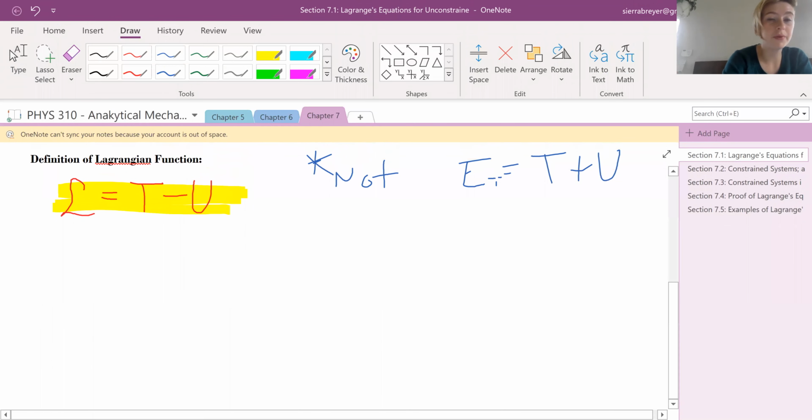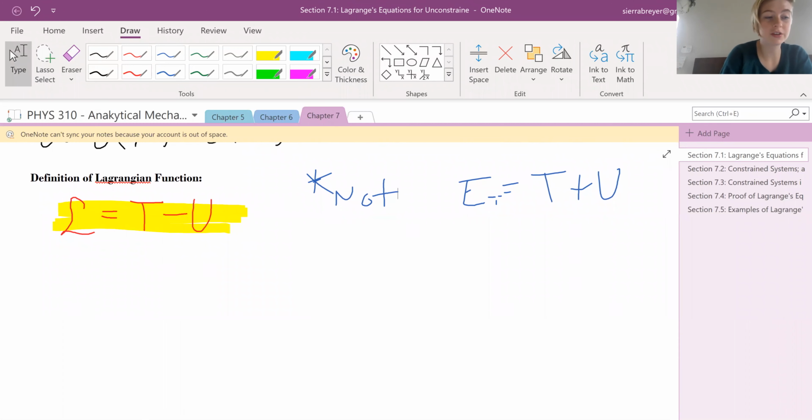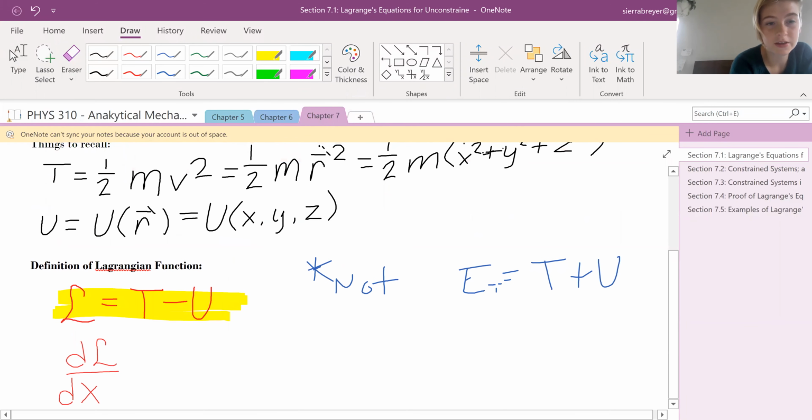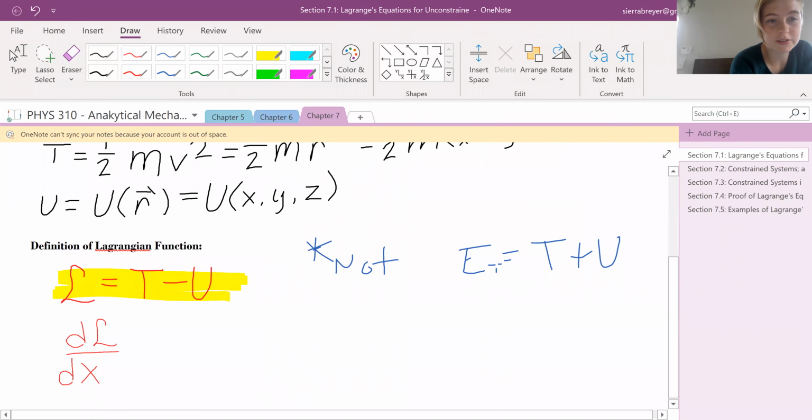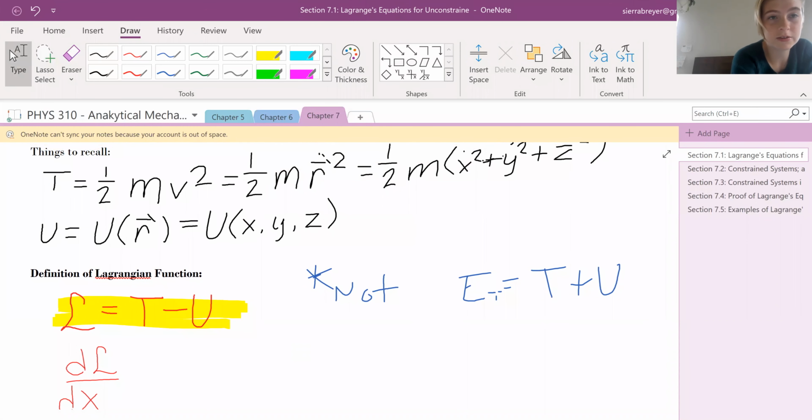So the book, in explaining this to us, has us consider two different derivatives. The first thing we want to consider is the derivative of the Lagrangian itself with respect to x. Since the Lagrangian is here, I'm going to highlight them.